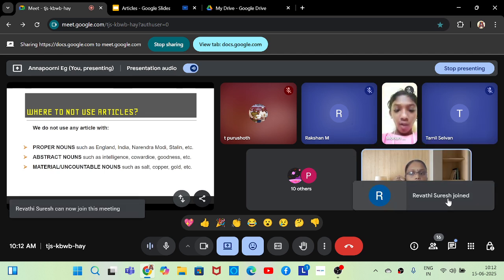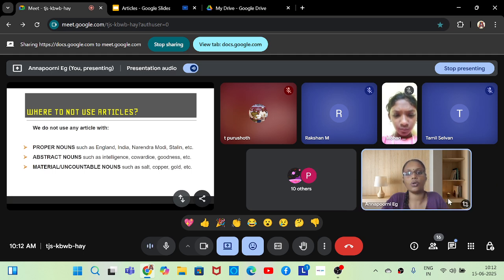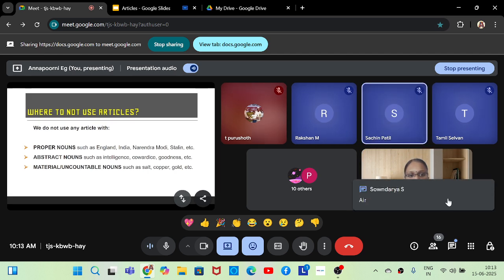So this is how material or uncountable nouns can be used, such as salt, copper, gold, water. Then what is the thing that we breathe? What are we breathing each moment, each second? Oxygen. Oxygen or air. In general, we can call it air because we are not breathing in pure oxygen, right?